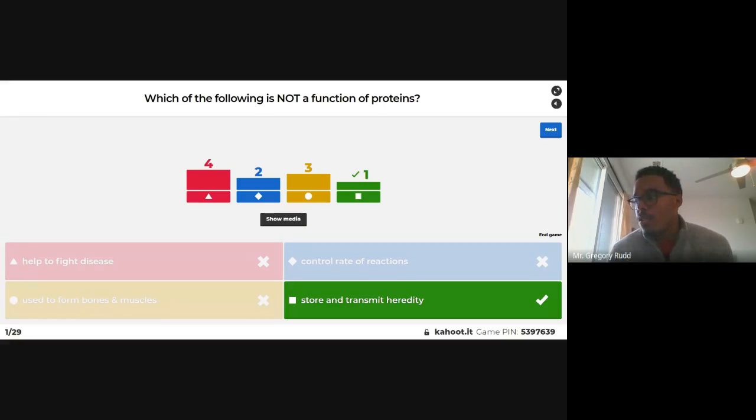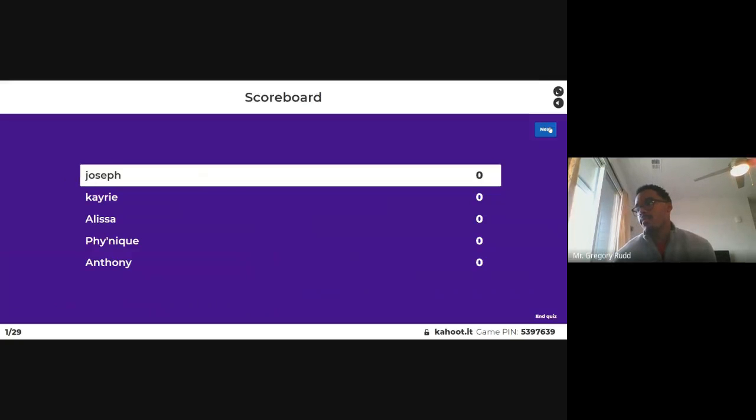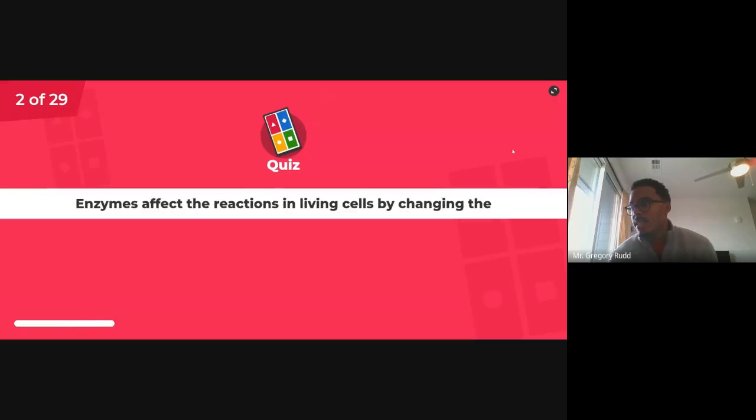So you all chose every answer, except for one of you, that was incorrect, that the proteins actually do. So remember, proteins provide a lot of function to living organisms. The only thing that they don't do in this list is store and transmit heredity. That means storing and transmitting genetic information. That's the job of nucleic acids, not proteins. Excellent job, Joseph. Everybody else, let's get going.